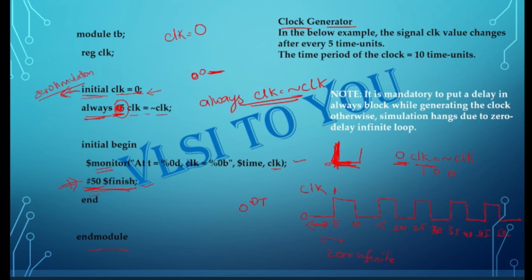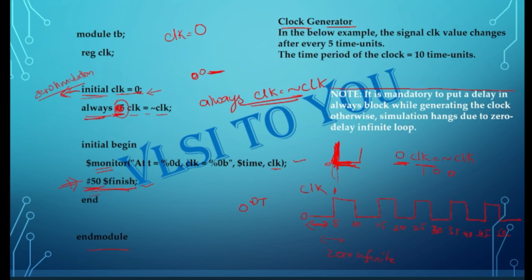So that is why, if you see the note, I have mentioned it clearly. It is mandatory to put a delay in the always block while generating the clock, otherwise the simulation hangs due to a zero-delay infinite loop. As I already told you, if there is no time delay, then at that 0 time only it will be 1, 0, 1, 0, so there won't be any generation of clock.